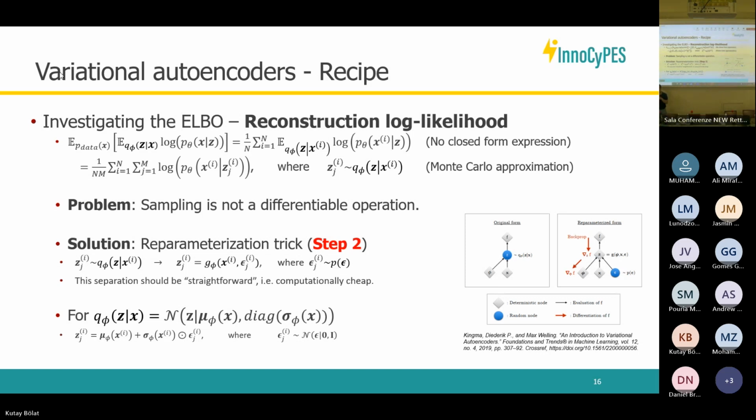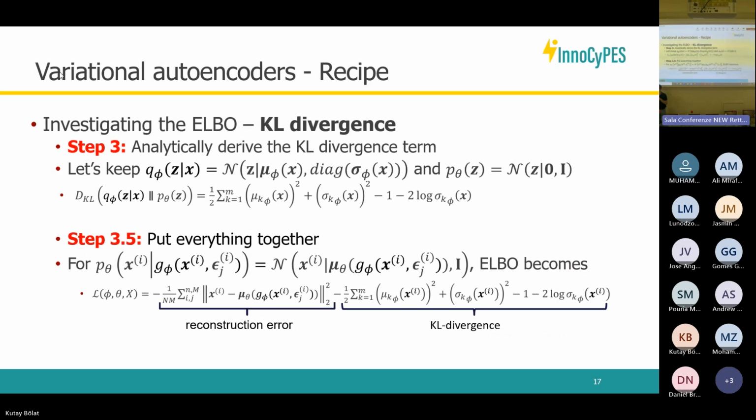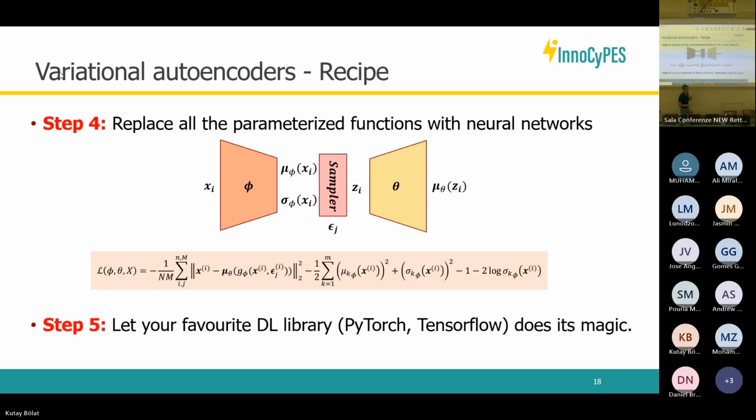So it's representative enough. For the KL divergence, if we use a standard normal for our prior and a Gaussian distribution for our approximate posterior, or encoder, we can derive the exact KL divergence, which is great. And if we put everything together, we have a reconstruction error and a KL divergence.